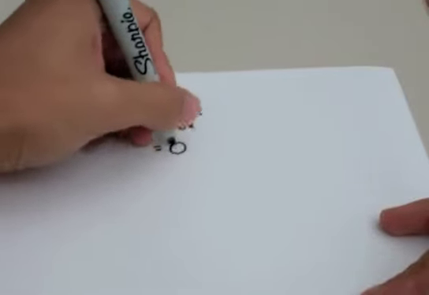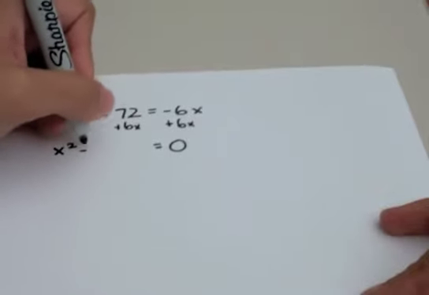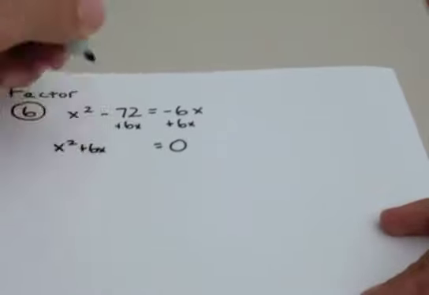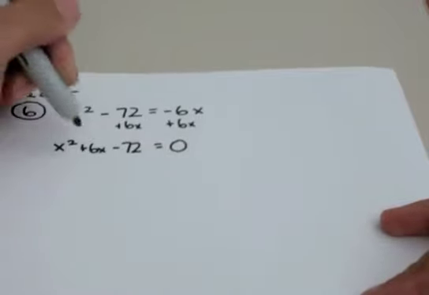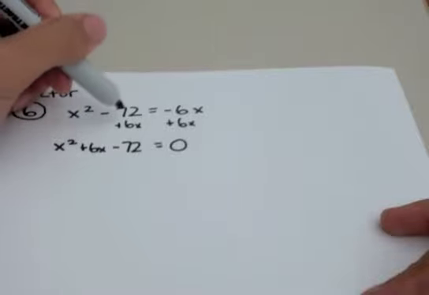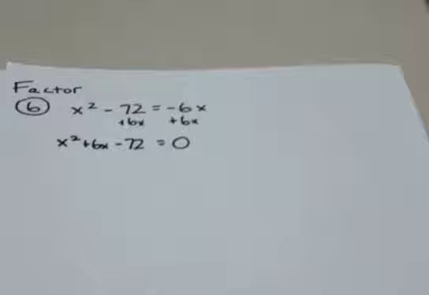So that's going to be 0 here, x squared plus 6x minus 72. And the reason that I put the 6x in the middle as opposed to over here is just because I want to keep my equation in standard form. And so that requires me to move the number into the middle.